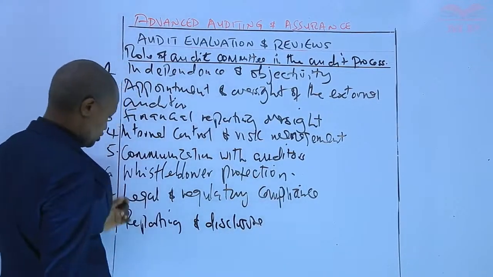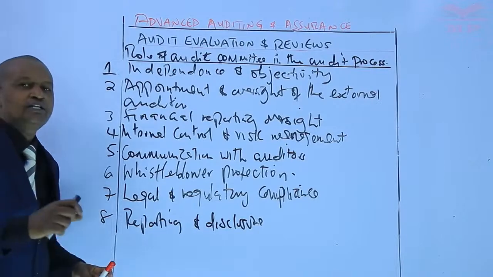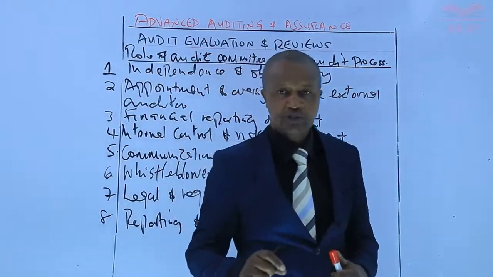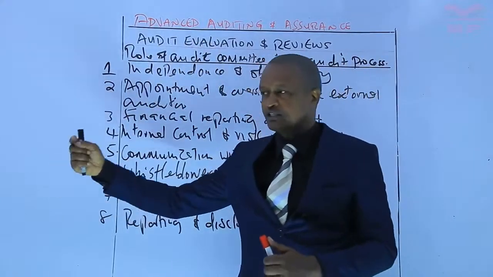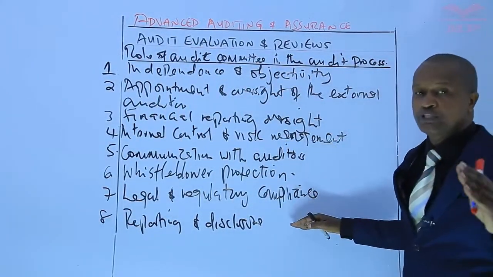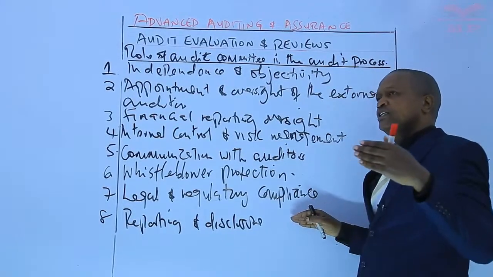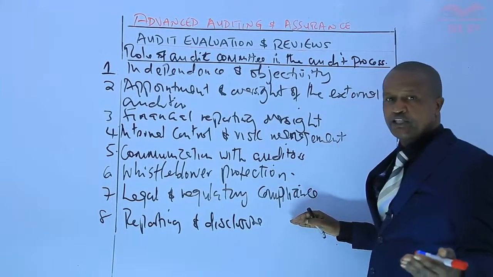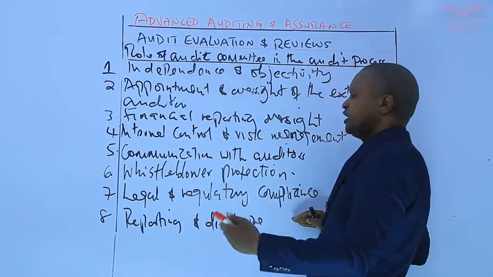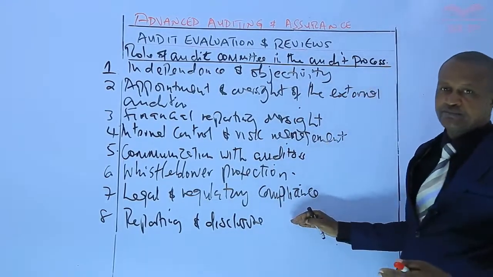disclosure. Reporting and disclosure. The audit committee provides reports and recommendations to the board of directors on matters related to the audit process, on matters related to financial reporting, on matters related to internal controls, as well as matters related to risk management.